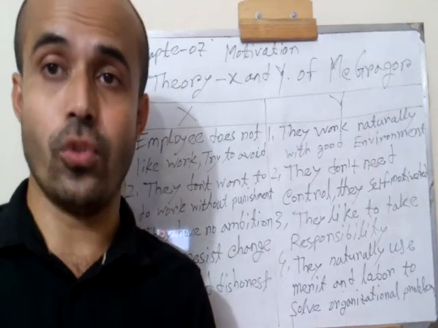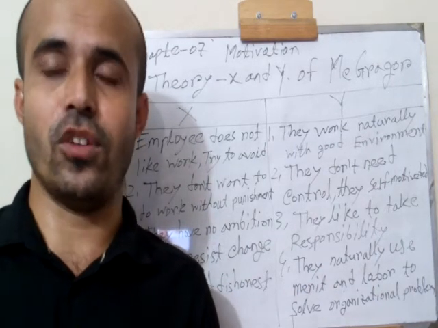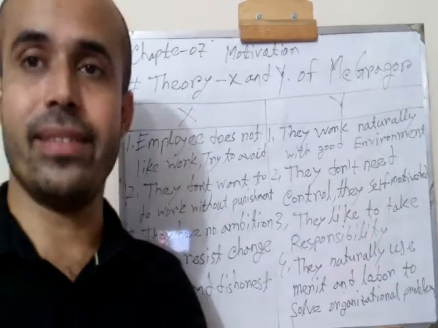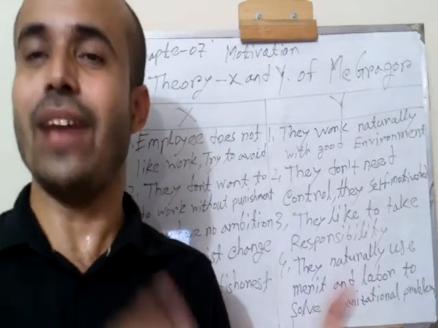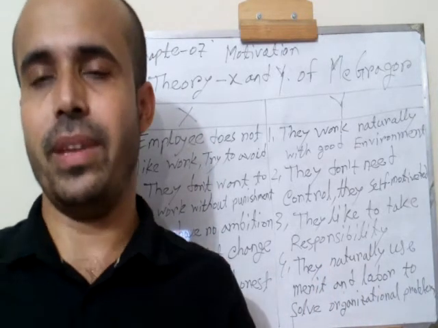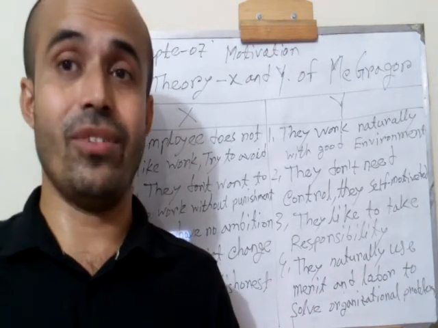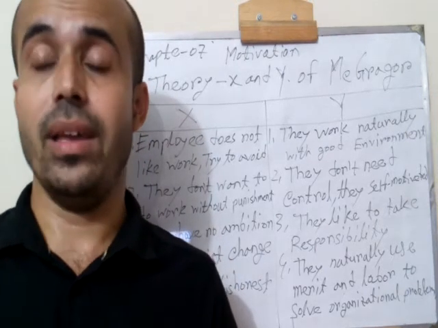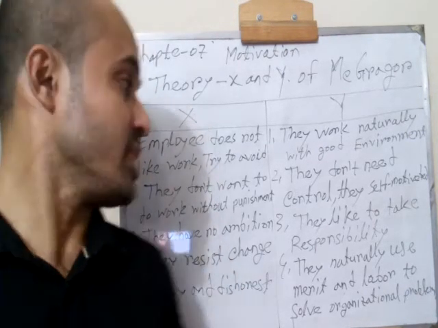They don't want to show any type of falseness to their boss, because they are honest. In this Y theory, McGregor tried to show that some of the employees are very honest, they don't need any type of control, supervision or threat.